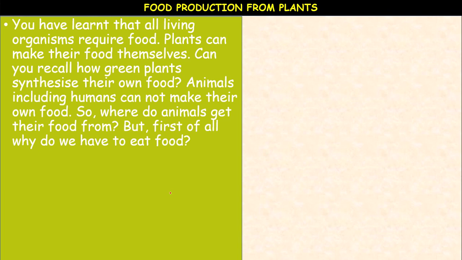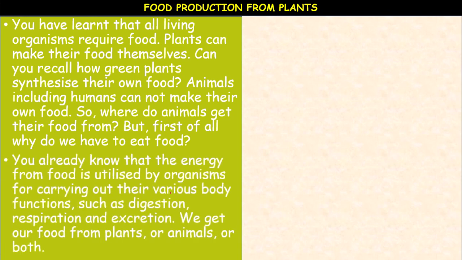But first of all, why do we have to eat food? We eat food to get energy. You already know that the energy from the food is utilized by organisms for carrying out their various body functions such as digestion, respiration and excretion.